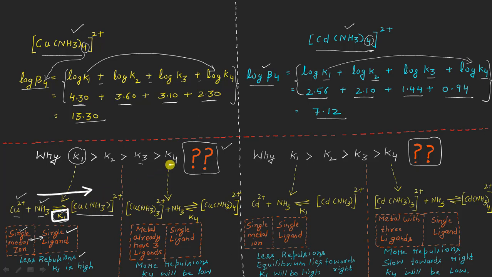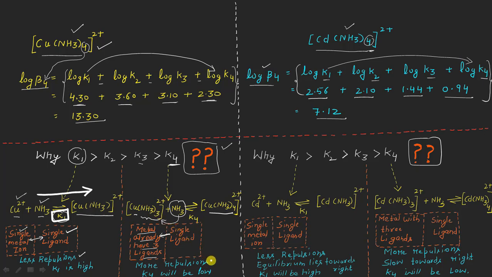On the other hand, if we talk about K4, this means that the metal ion already has 3 ligands with itself, and we are left with a single ligand, that is, you can see one ammonia we are adding here, resulting in the formation of this copper tetramine complex. So what will happen here is that the single ligand is being added to the metal ion which already has 3 ligands, and when it approaches this metal ion, it will experience a lot of repulsions from these 3 ligands already present, right?